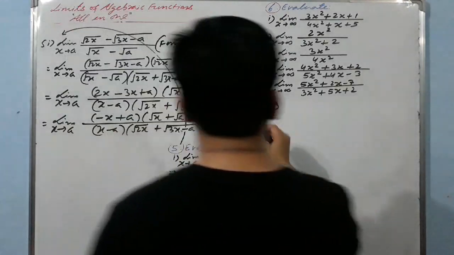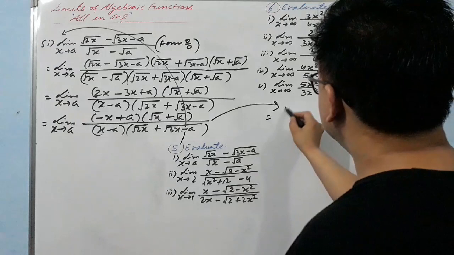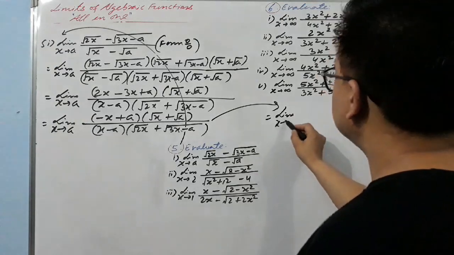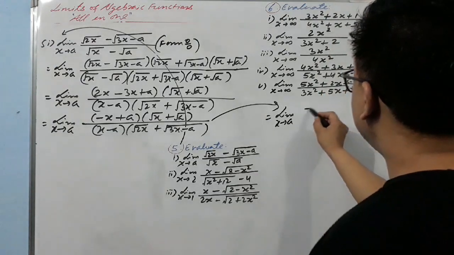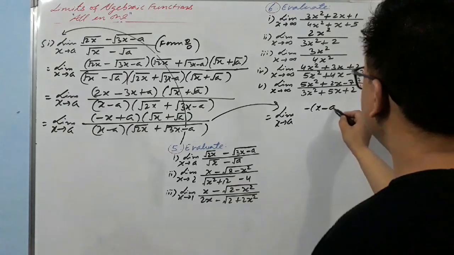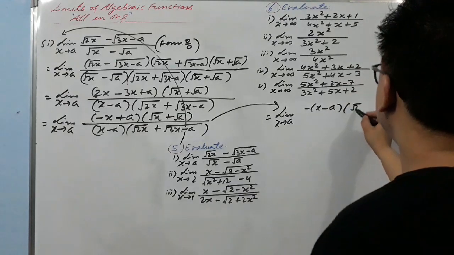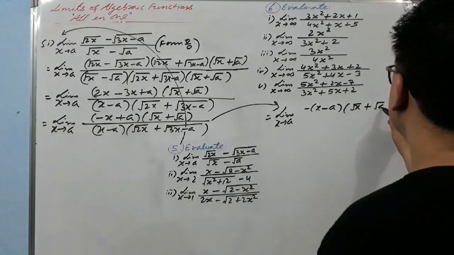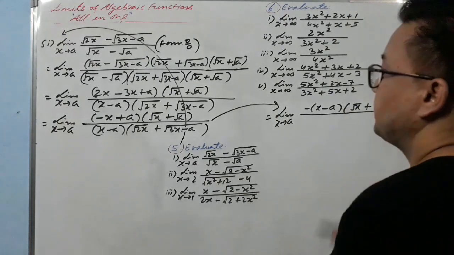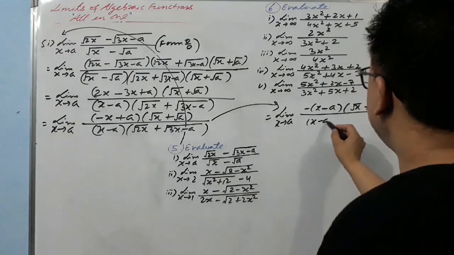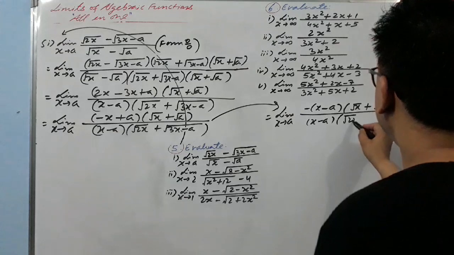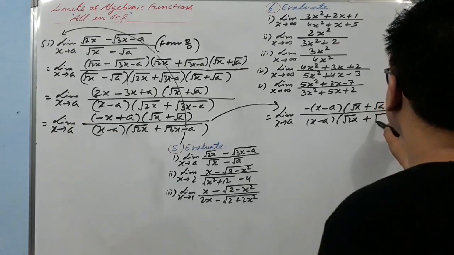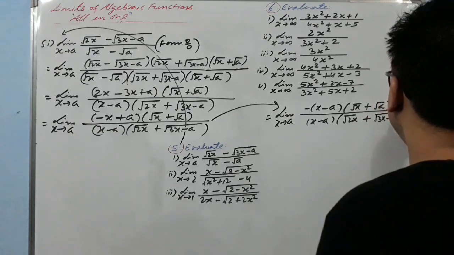Now I'm going to write: this is equal to the limit as x tends to a. Take the negative sign common, x minus a, and here you are going to get root x plus root a over x minus a, and here root 2x plus root 3x minus a.